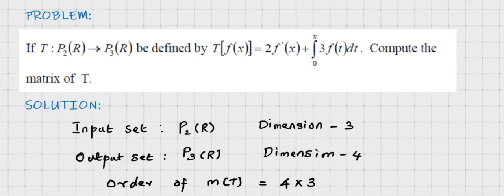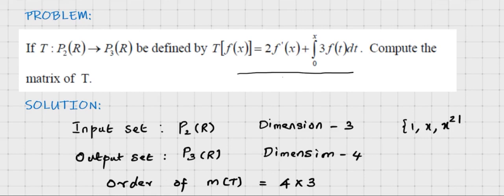Okay, so we are going to construct the matrix of the linear transformation given here. Whatever the linear transformation may be, the order of its matrix will be 4 cross 3. How? The input set here is P2 of R. Its dimension is 3, because the basis of P2 of R is 1, x, x square.